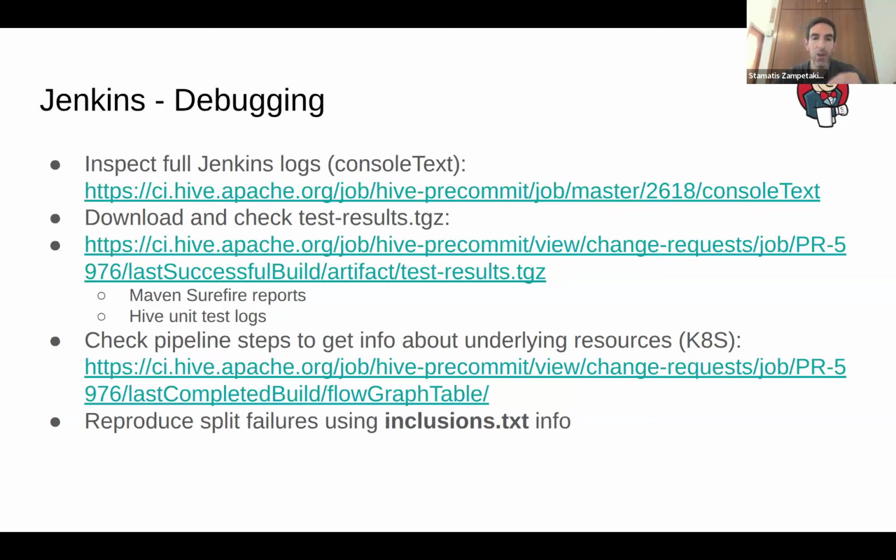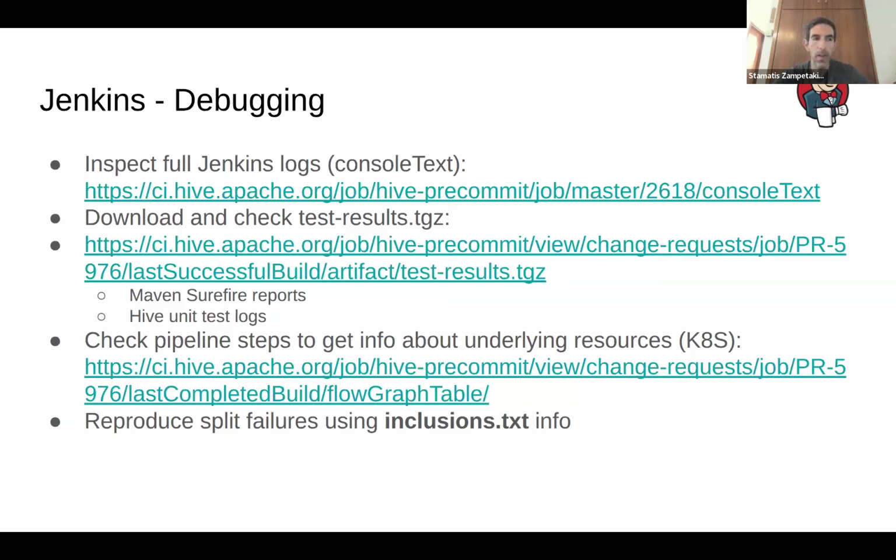Each split uses this file to control which tests to run. In the Kubernetes infrastructure, the whole split takes about an hour and a half. Usually when we run this locally, it should be under an hour.